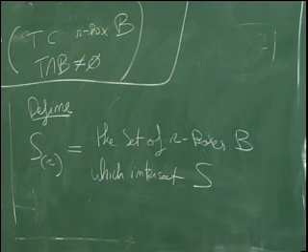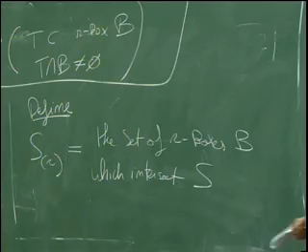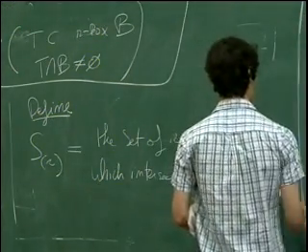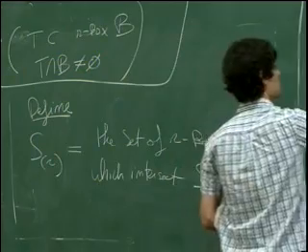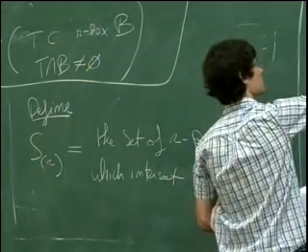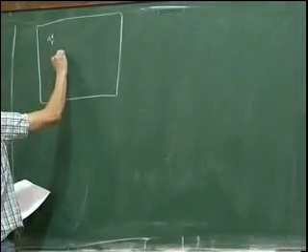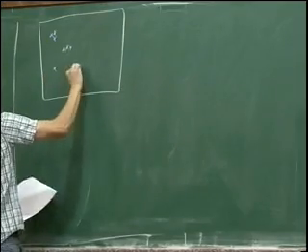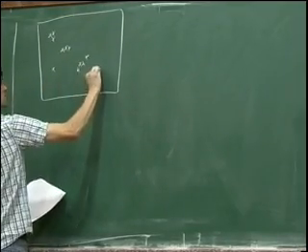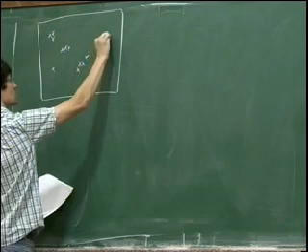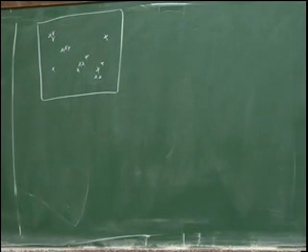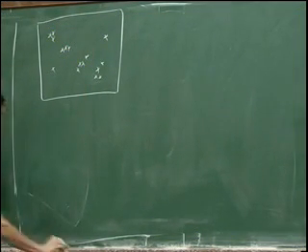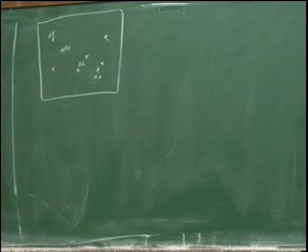So if you want a picture, what we are doing is the following. If I take some subset of the domain, I want to look at the smoothing of this subset.